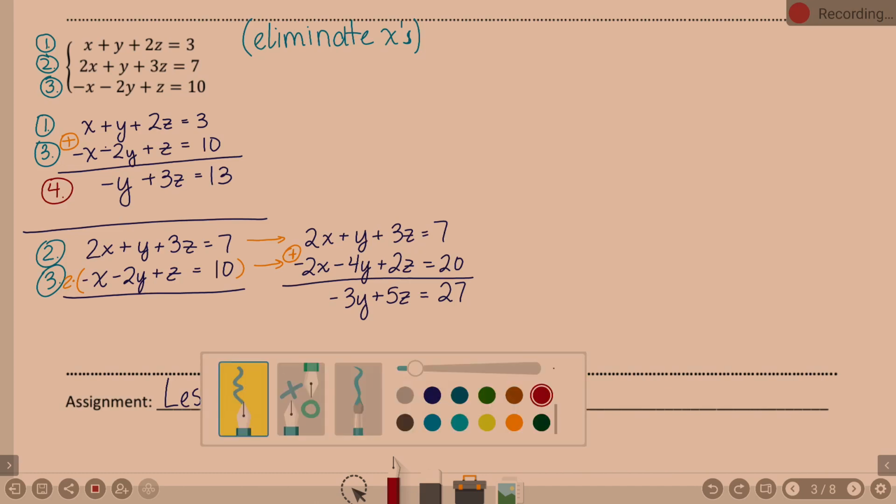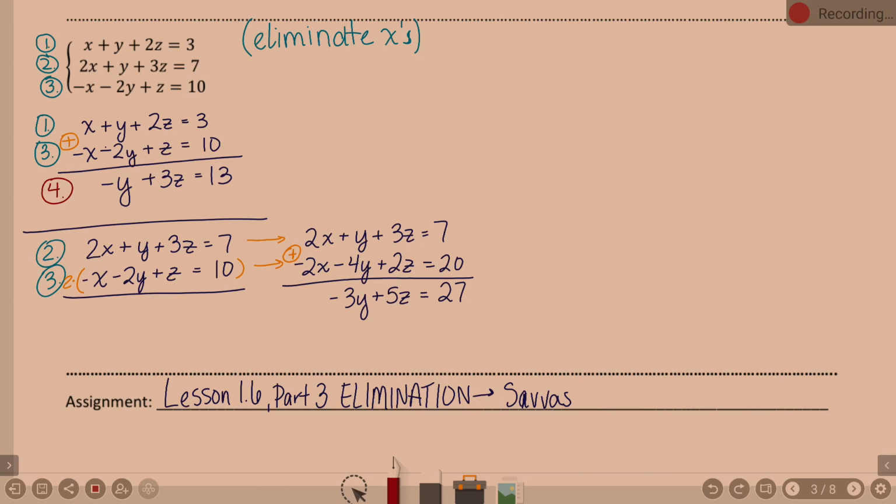And I'm going to call this equation 5. Okay, so traditional problem, we eliminated one variable, we eliminated x's. Now we have two equations in terms of y and z. Do you remember what to do?